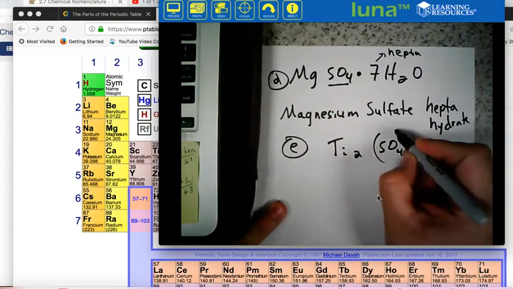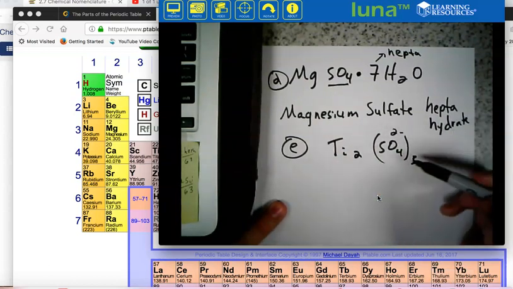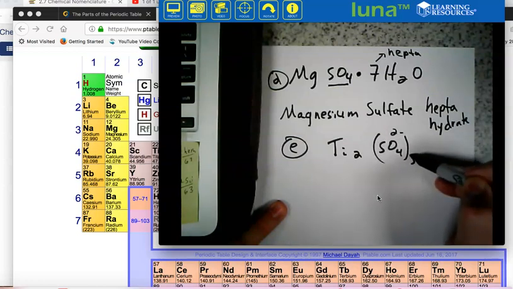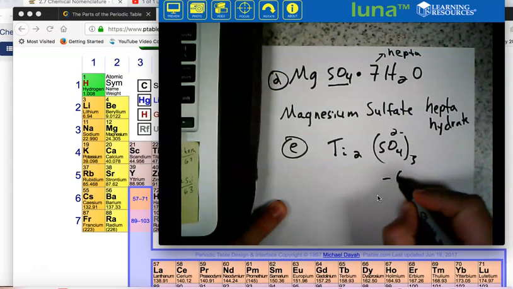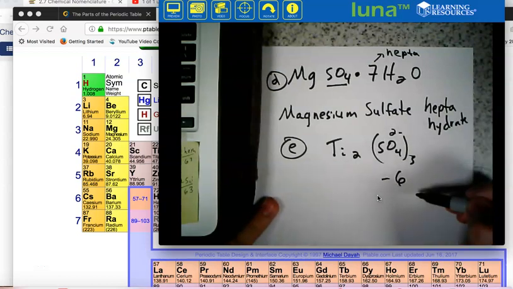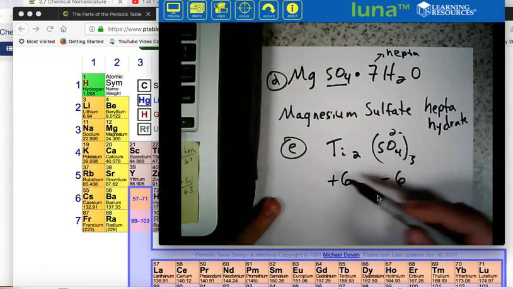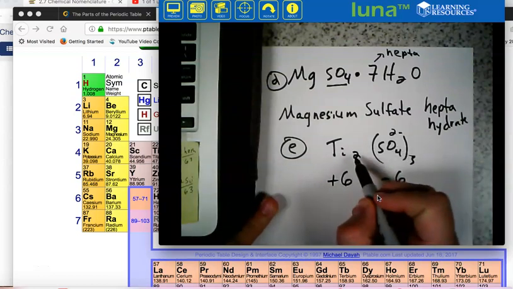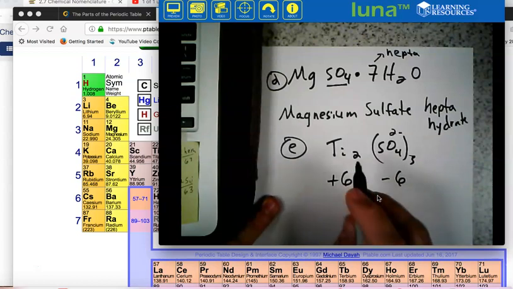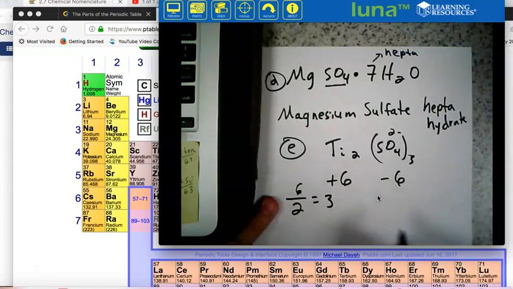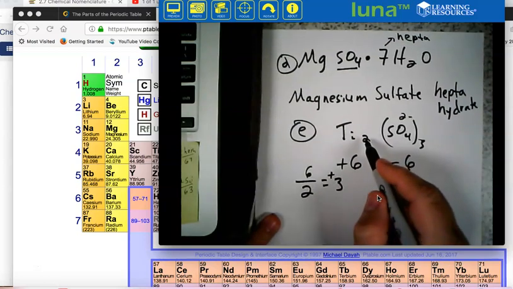We know the charge for sulfate is 2 minus per sulfate ion, and there are 3 of them. So 3 times negative 2 is negative 6. So titanium must have a positive 6 charge overall, but because there are 2 titanium atoms, it's 6 divided by 2, which is 3. So each titanium atom is going to be positive 3.